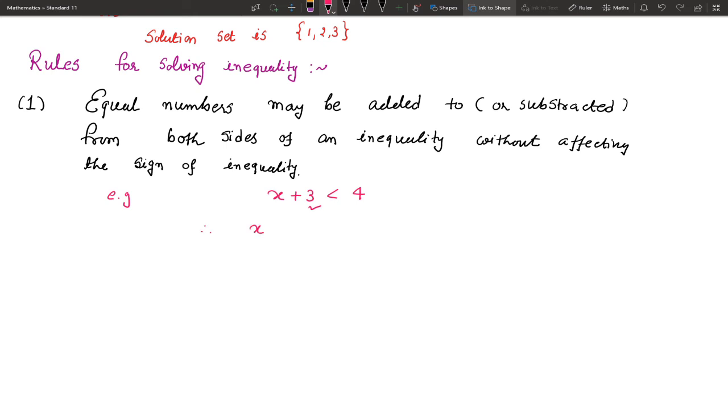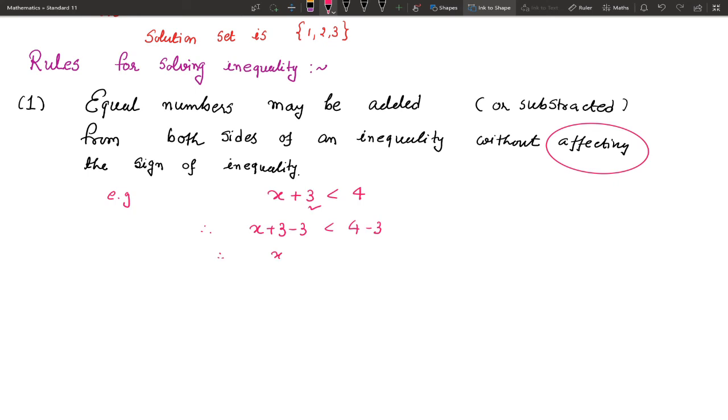So x plus 3 minus 3 less than 4 minus 3. So equal numbers may be added to both sides of an inequality without affecting the sign of inequality. You can observe there is no change in the sign.